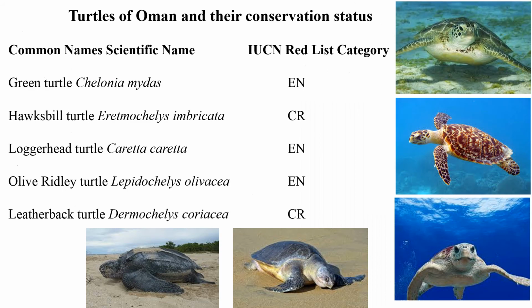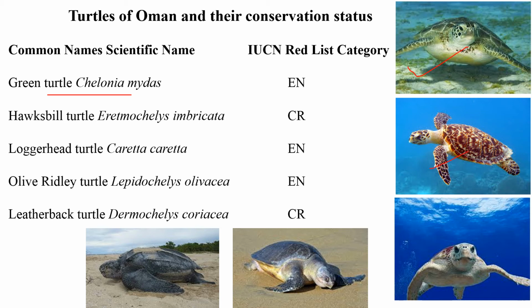And five species of turtle, I have already talked about it. You can find the green sea turtle, which basically inhabits the coral reef ecosystem. If you go to the Dimaniyat Islands or anywhere, you can find the green sea turtle very commonly.